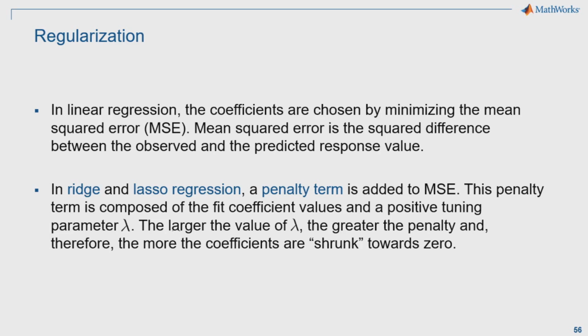In general, you can also use some other regression techniques, such as ridge and lasso regression, in which you add a penalty term in the optimization problem, which means essentially that you are adding a penalty in the computation of the mean square error.